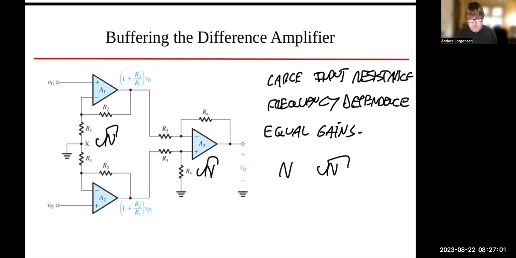With these resistors that are in place now, we'll have approximately equal gain. The first stage with these resistor values will have a gain of R2 over R1 plus 1, and the second stage will have a gain of R2 over R1, and not such a big deal.